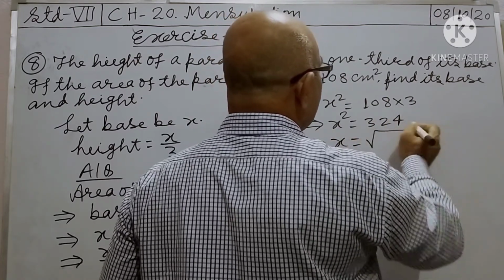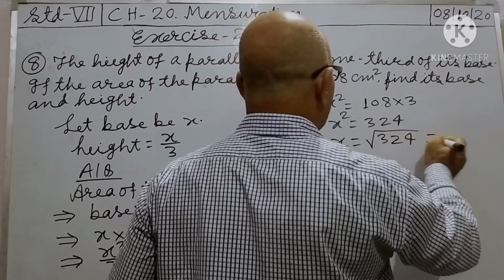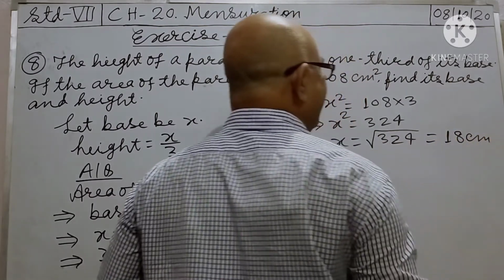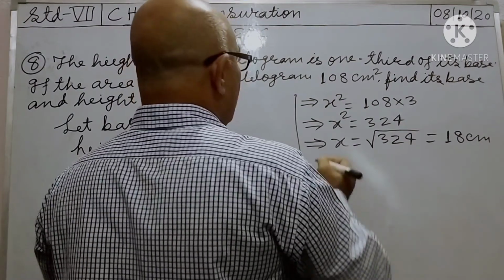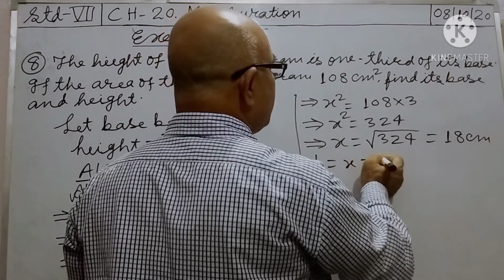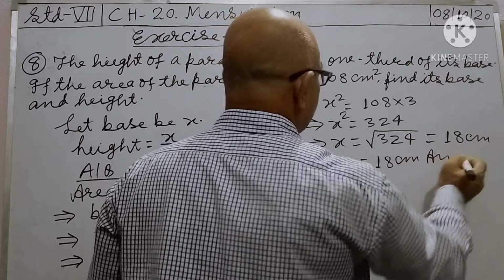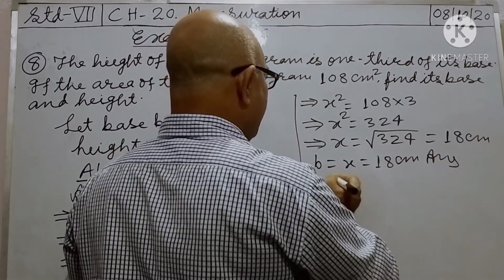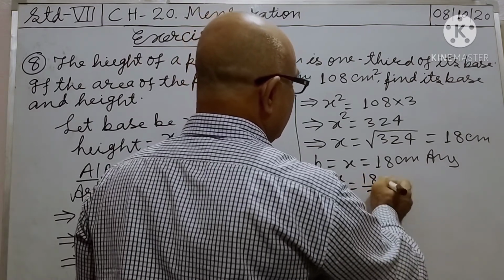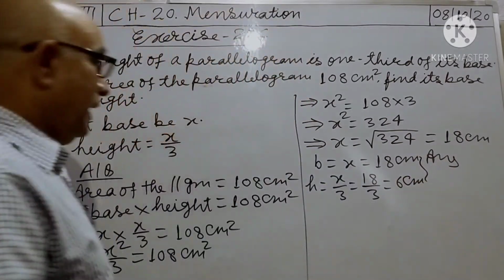That implies x equal to under root 324, that means 18 cm. Now base equal to x equal to 18 cm. Answer. And height equal to x by 3 equal to 18 by 3 equal to 6 cm. Answer. Understand and write it.